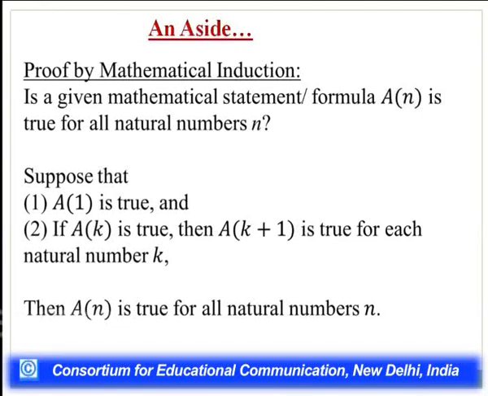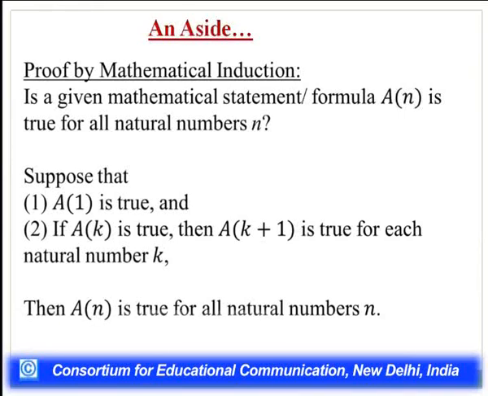So to see this, let us see how mathematical induction works. Our question is: is a given mathematical statement or formula true for all natural numbers n? Now, if you're familiar with mathematical induction from school, you would know that we do two checks.